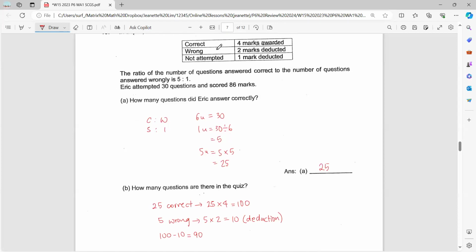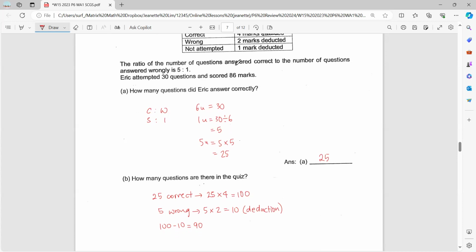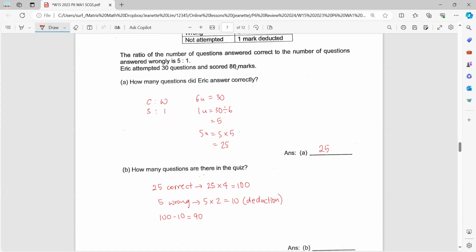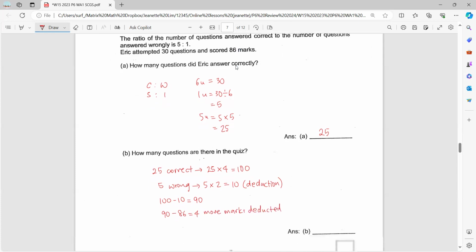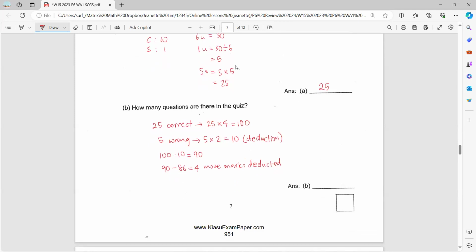Not because he answered wrongly, but because he didn't attempt. So we take 90 minus 86 equals 4. 4 more marks deducted. Which means that these are the marks deducted from the questions that he did not attempt.